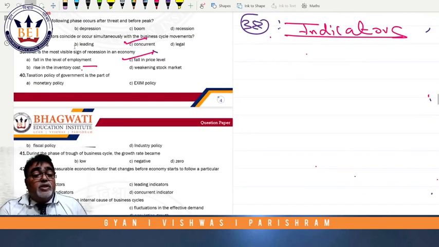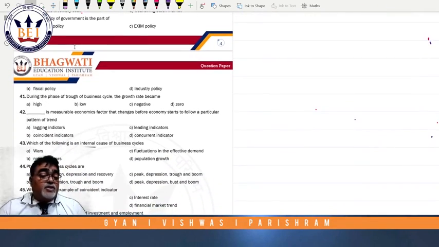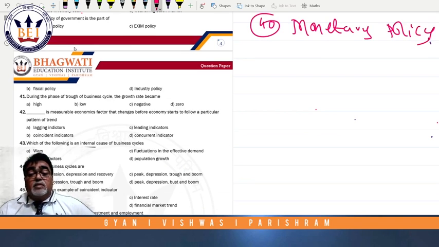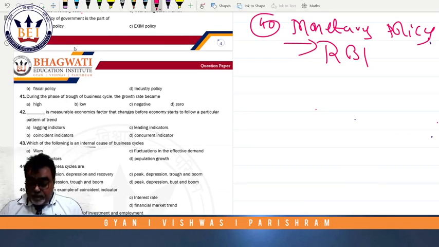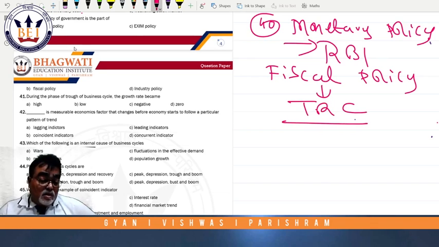I repeat, question number 37, the answer is expansion. Question 38, I explained the three indicators so that it will be helpful for you to understand. Question 38 answer is option B, and 39 is also option B. Question 40: the taxation policy of government is a part of what? For your knowledge, there are two policies. One is called monetary policy, governed by RBI. Another is called fiscal policy, governed by the Government of India with the supervision of the Tax Reform Committee.